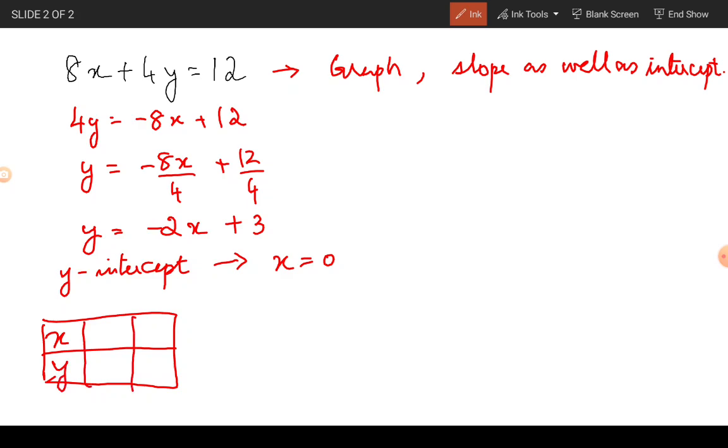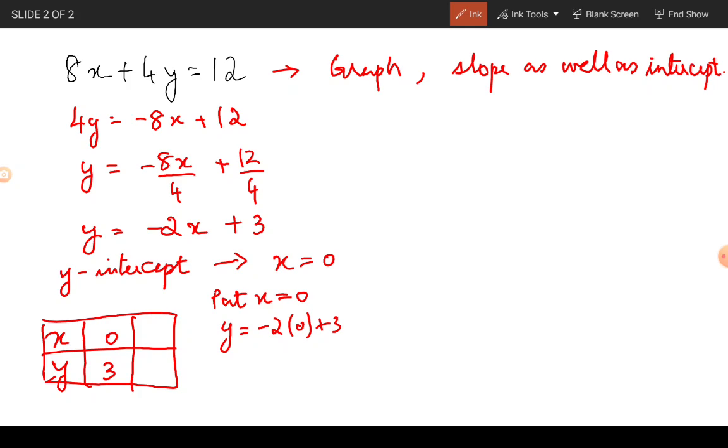Remember, you can assume any values of x that you like. First I'm going to put x equal to 0. So my first x coordinate is 0. I want to find out what the y will be. y will be minus 2 times 0 plus 3. Like I said, it would be the intercept term.